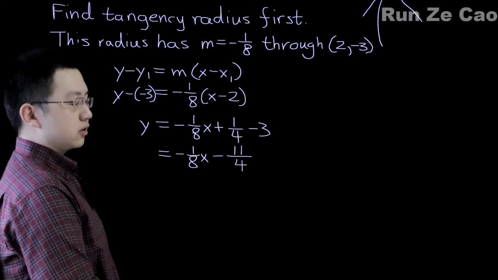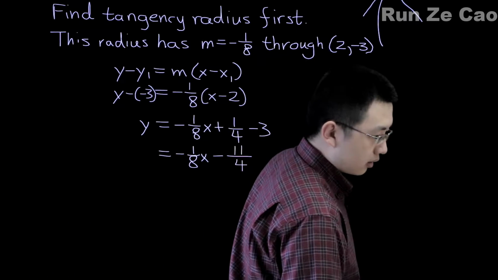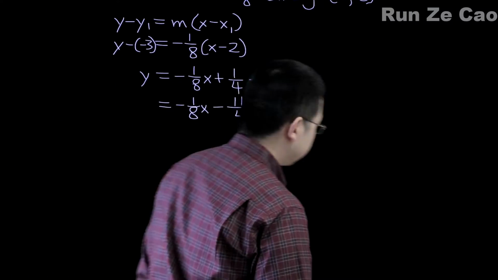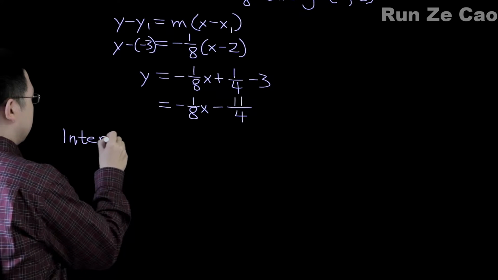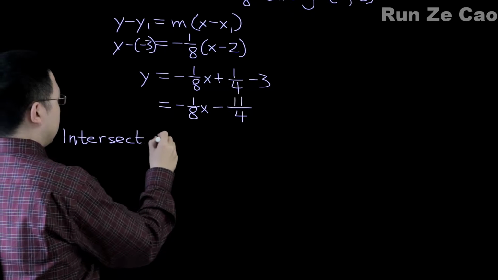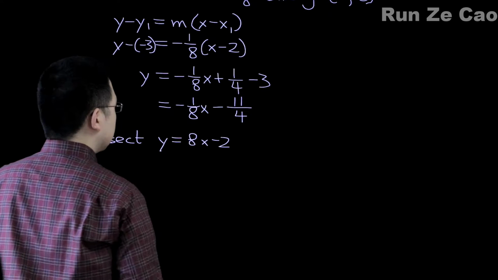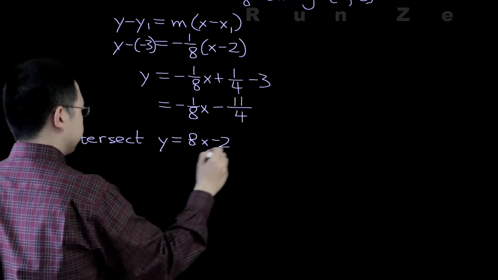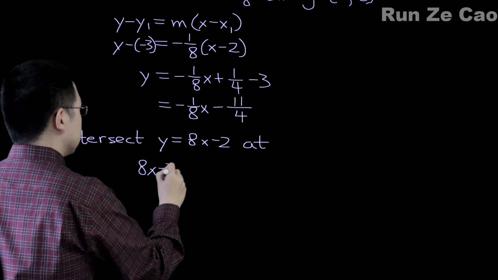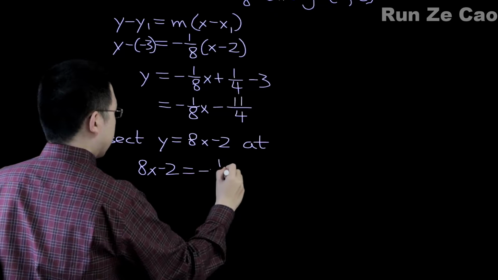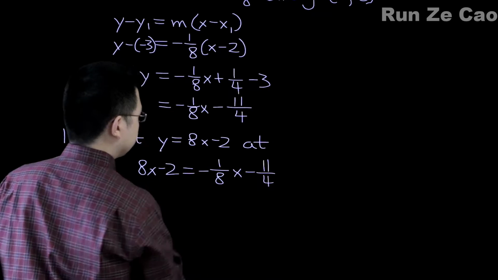Where does this intersect with y equals 8x minus 2? So what we have is 8x minus 2 equals -1/8 x minus 11/4.